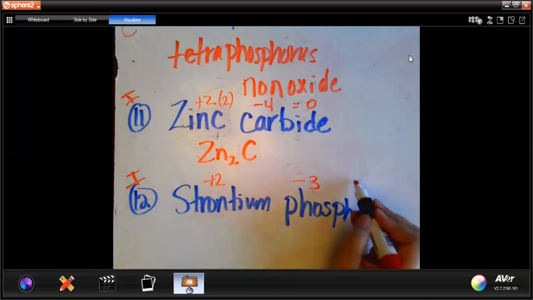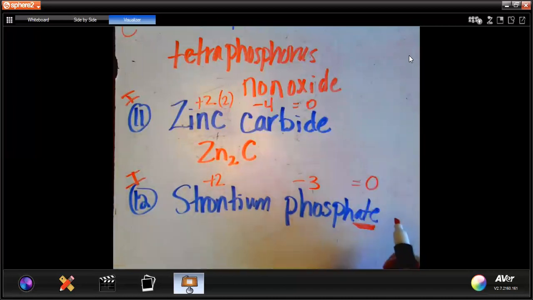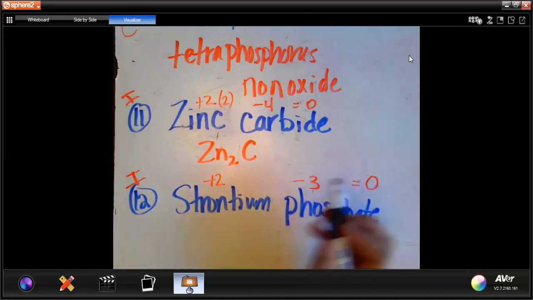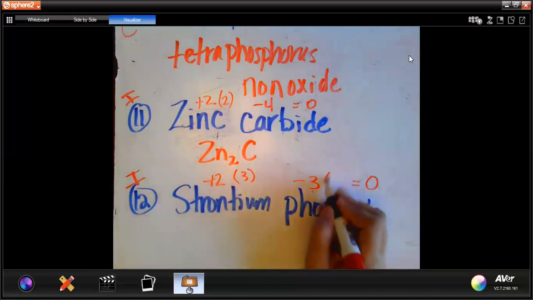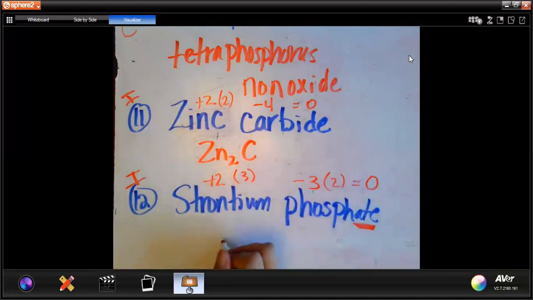Now, do those add up to 0? No, but how can we make them add to 0, right? Think of lowest common multiple, right? It would be a 6. So I multiply this by 3 and this by 2, and I'll get Sr3. PO4 is phosphate, so to get more than one, you put parentheses and then a 2. Okay?